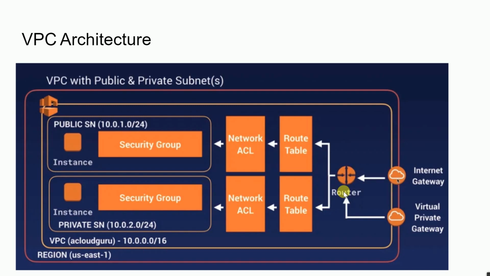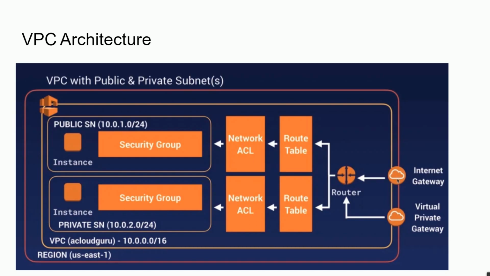A router is similar to what we need on local infrastructure: if we want internet connectivity, we need to set up a router with an ISP uplink. Similarly, for external connectivity with the internet, we need to set up a router where we can consider a virtual private gateway and one internet gateway attached to the router, because how your traffic is communicated to external entities is managed only through the internet gateway.